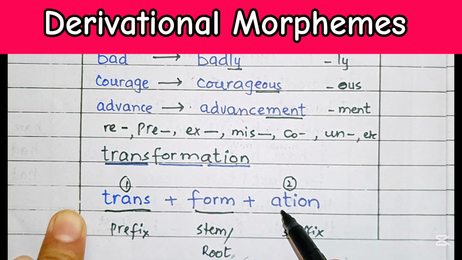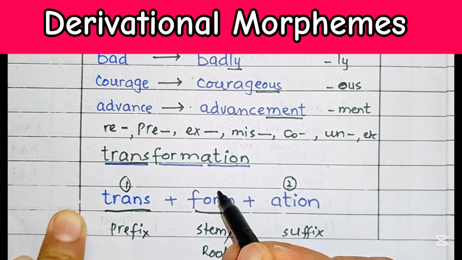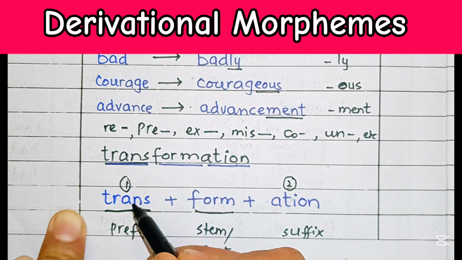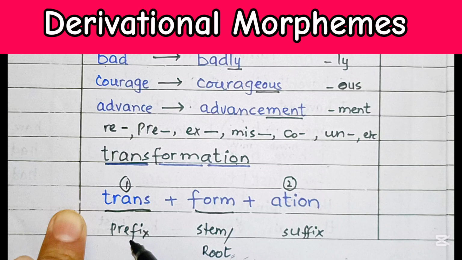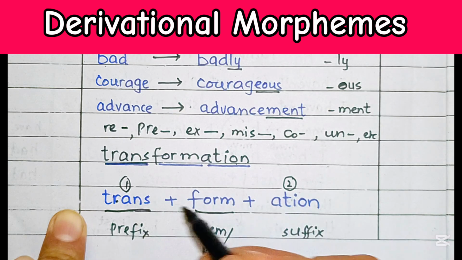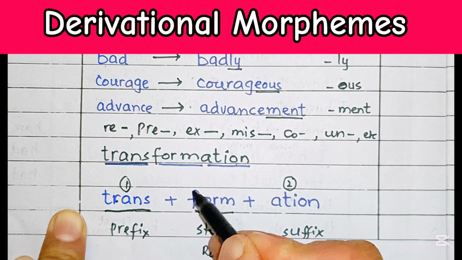By adding a prefix in the beginning and a suffix at the end, trans and ation, these are morphemes which are derivational in nature because they tend to change the grammatical category of form.